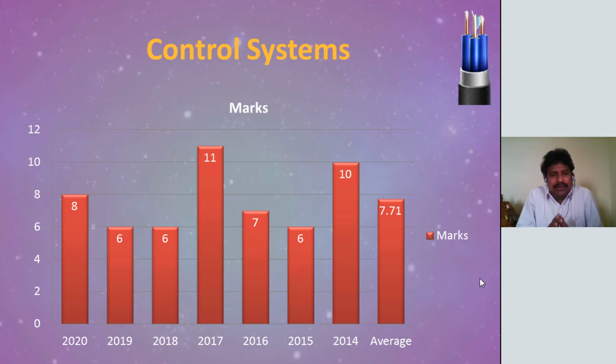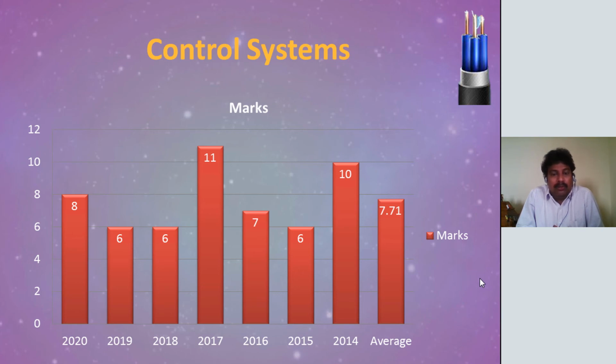The weightage varies from 6 to 10. On an average, you can expect a minimum of 6 marks from control systems.